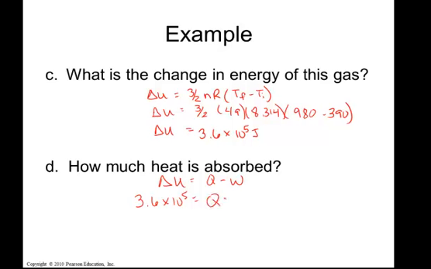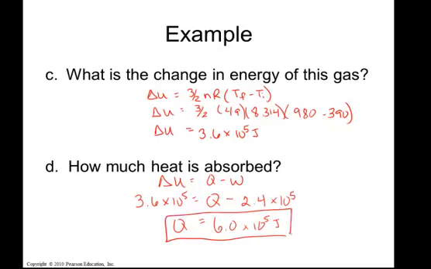Trying to find Q, and my work I found in part A, which was 2.4 times 10 to the 5th. So I'm basically going to be adding those together to find Q. And I got 6.0 times 10 to the 5th joules.